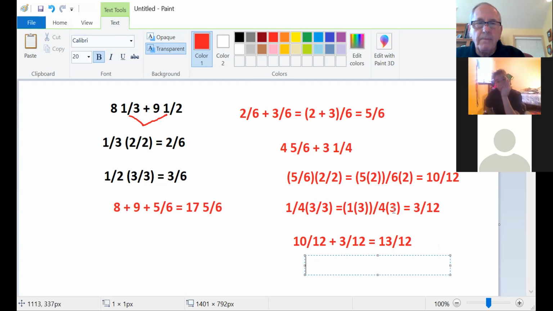In other words, it'd be 1, and remainder 1, so it'd be 1 1/12. There you go. That's what I want. 1 and 1/12. So now I've got all my parts, right?